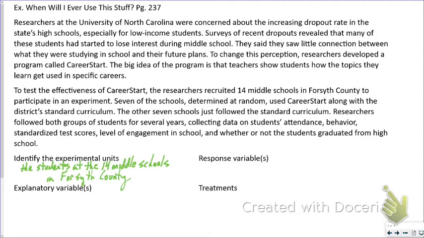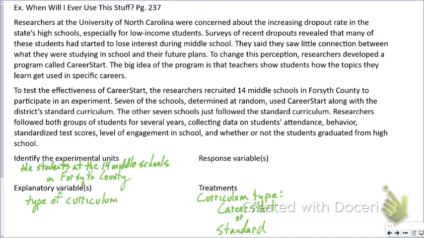Explanatory variable, type of curriculum or curriculum taught. I think that has an effect on all those response variables up there. I'm going to do treatments though first. Curriculum type, career start. Was it start? I keep thinking it says stat or standard. And then we have a lot of response variables.